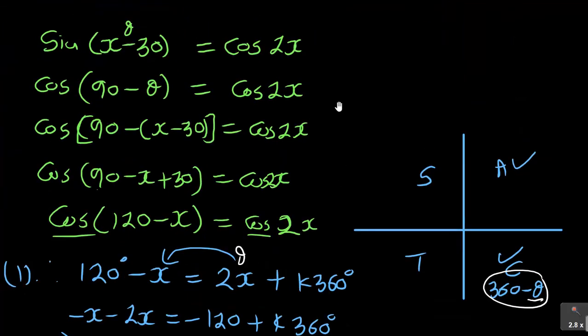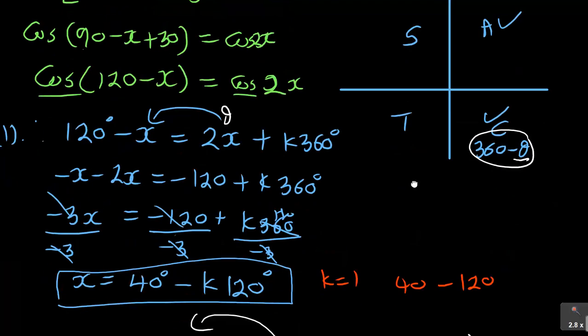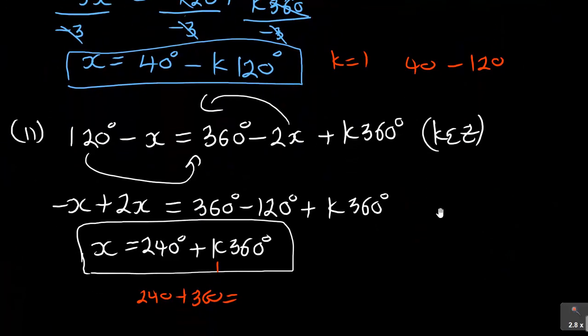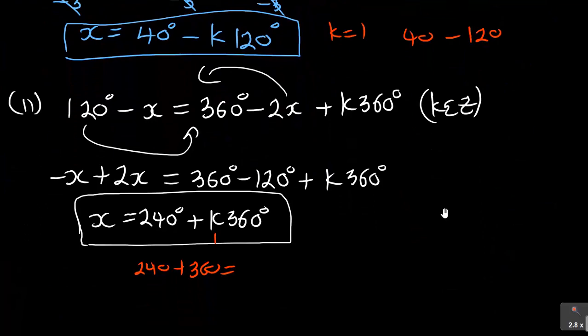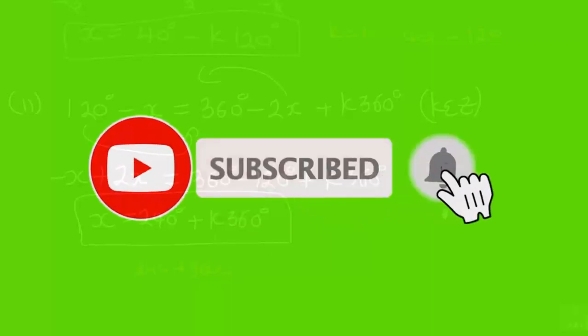This is what I wanted to show you: whenever you're solving the general solution, two solutions are possible depending on how you choose, but it will always lead to the same answer. Whenever they are marking, they will also mark your solution. It doesn't matter whether you approach it from the cos perspective or the sine cofunction perspective, your answer will be the same.